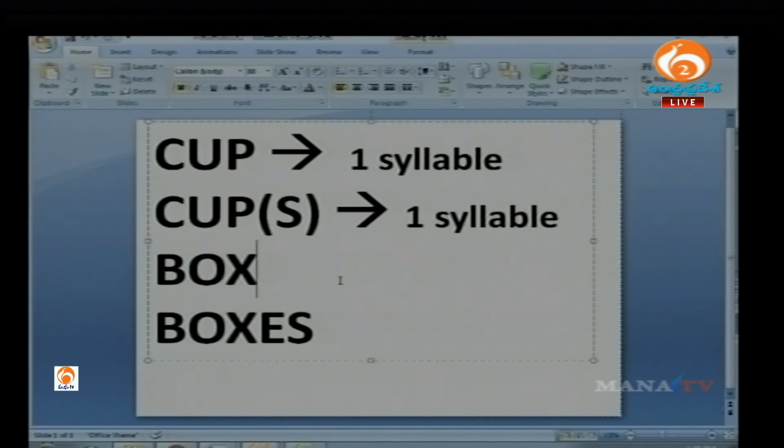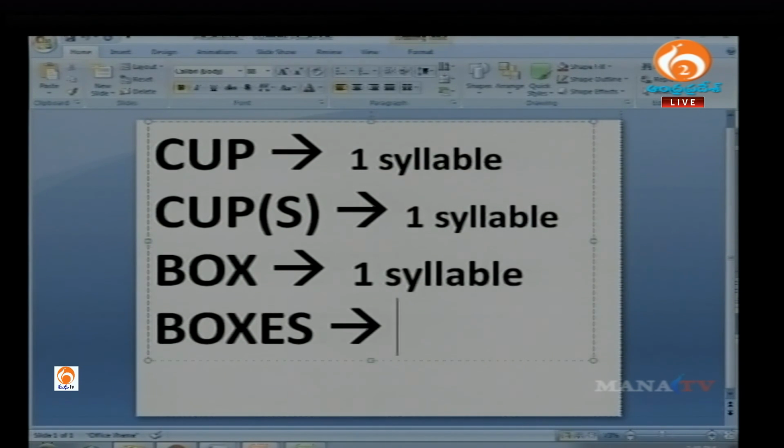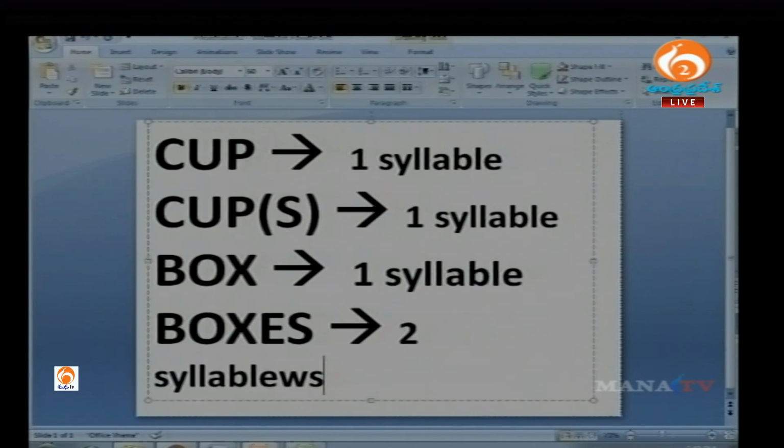My third example, this is one syllable, but when I'm making my second example, cups, box, in the second word, when I make it a plural form, it becomes two syllables.